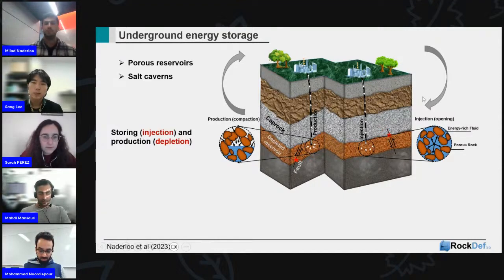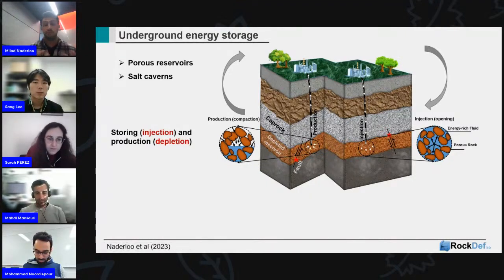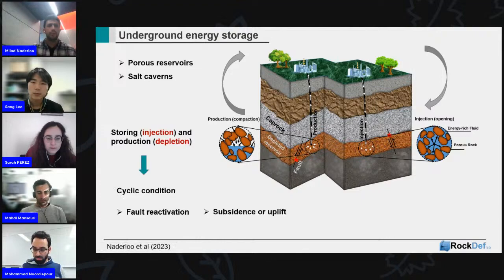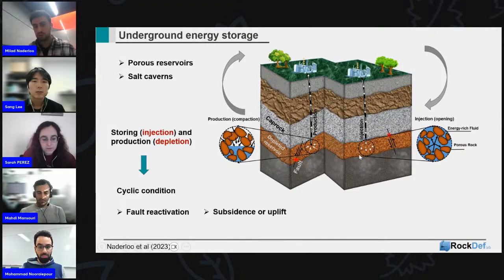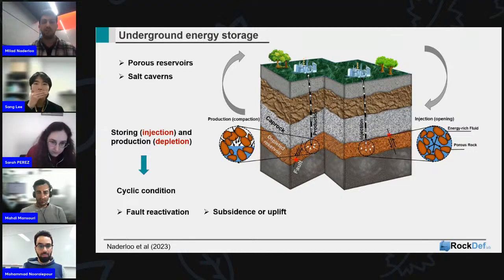So what is happening in this process? We are applying a cyclic condition on our reservoir. So it's like a dynamic condition with different frequency and different amplitude that we are imposing on our reservoir. If we expose materials to cyclic loading, they're going to behave differently. It's not just load, it is also temperature by injecting your fluid. There is also chemistry that can play a role.